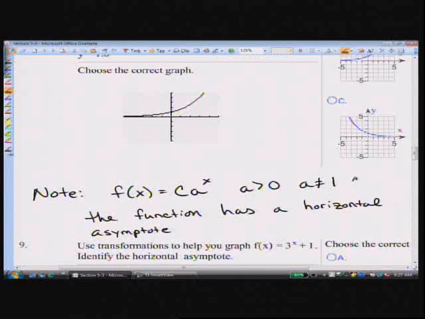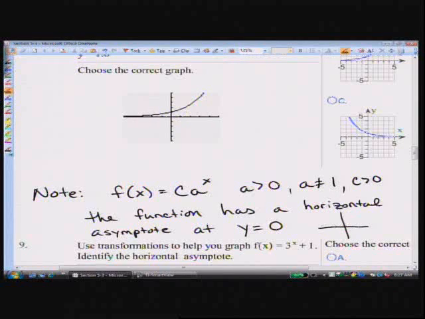And I guess I want c to be positive too. At y equals 0, because it'll never cross the x-axis.